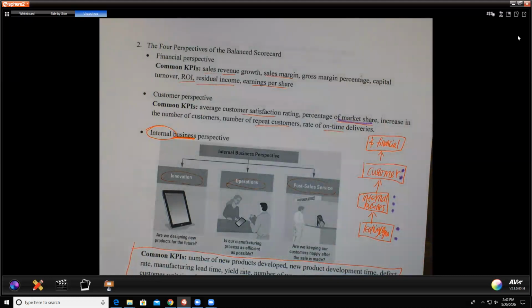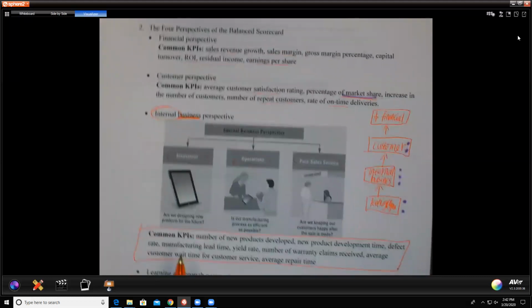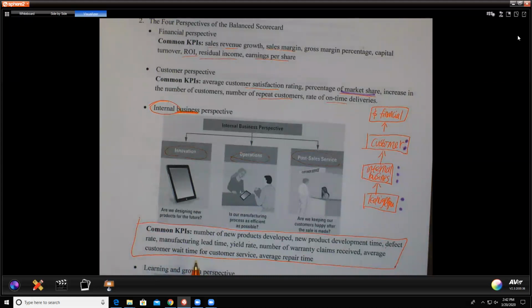So the internal business, I would say, has more meat there. So read this part in the multiple choice. If you really don't know what perspective it is, and you know it's not financial, it's not customer, it's not learning and growth, higher chance it will be the internal business.